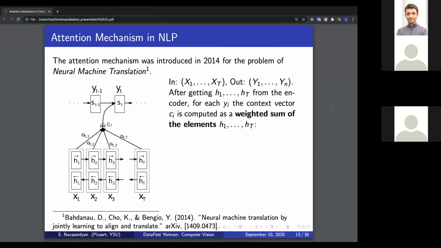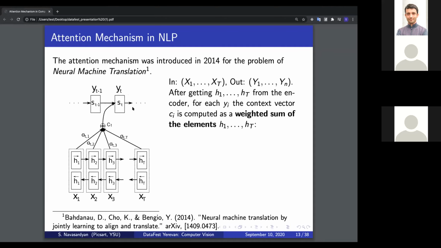The attention mechanism was introduced for the neural machine translation problem, where we have the input sequence x1, ..., xT, and we want to get the output sequence y1, ..., yT. By the encoder, we get the feature sequence h1, ..., hT, and the decoder produces the elements of the sequence yt.